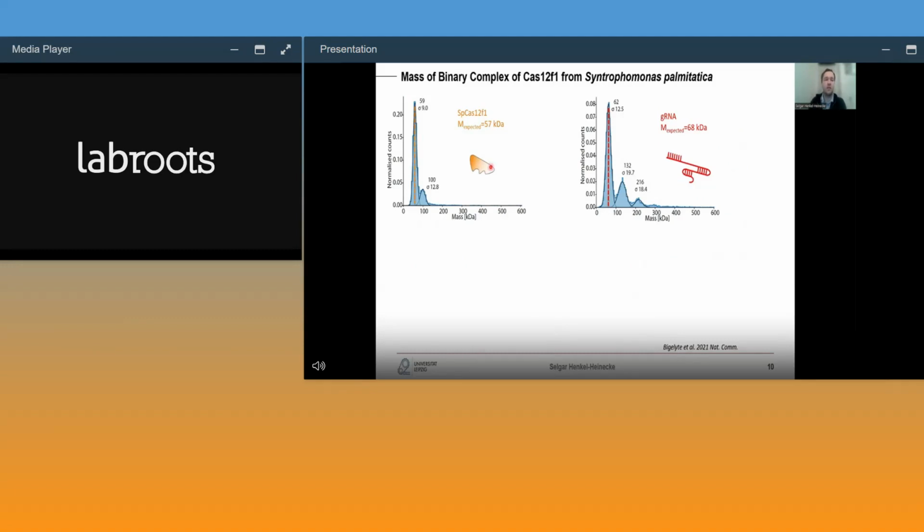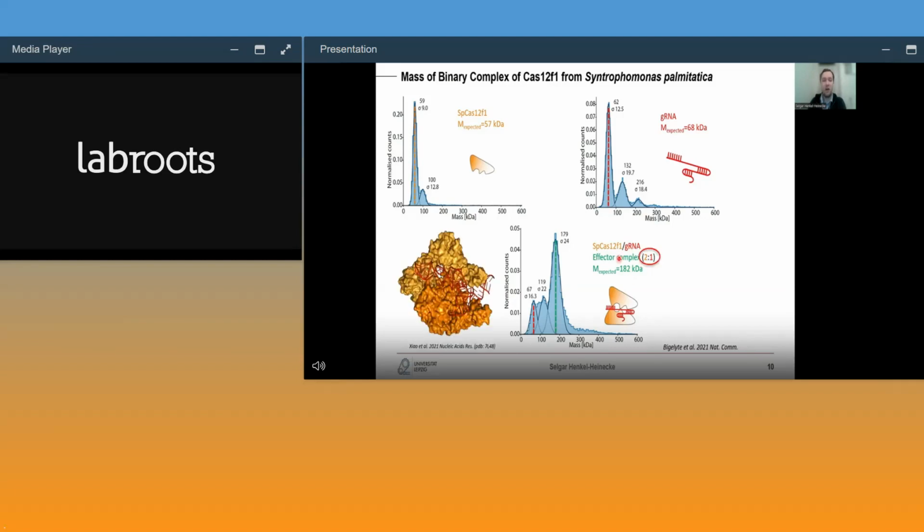So we had the measurement of the protein itself, we then had the measurement of the RNA, and we could dive into the effector complex again with all our information. And that time we assumed a 2-to-1 ratio from protein to RNA, and we got this.